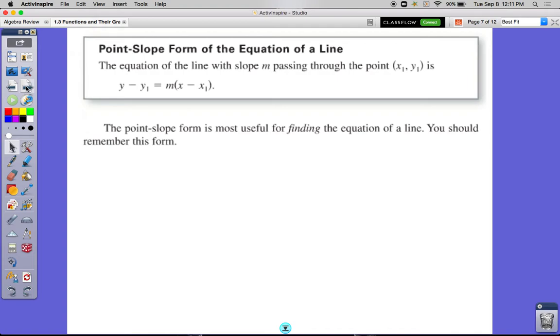Instead, what we do have is y minus y1 equals m parentheses x minus x1. We notice a couple of things here that are familiar to us. First of all, there's our guy again. There's m, our slope. This time, though, it does not have a y-intercept. However, it does have x and y without labels, and it has y1 and x1 with the subscripts.